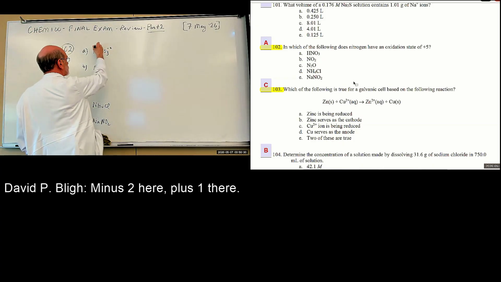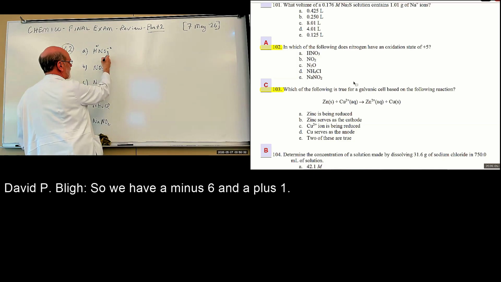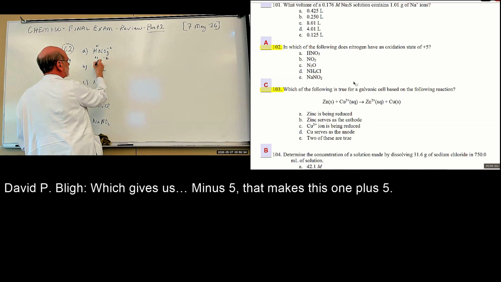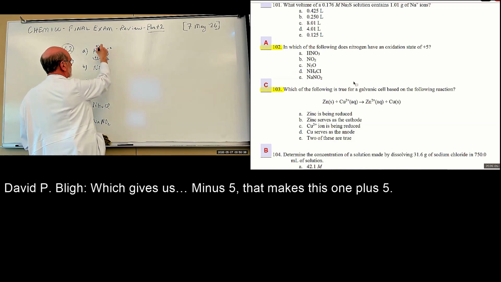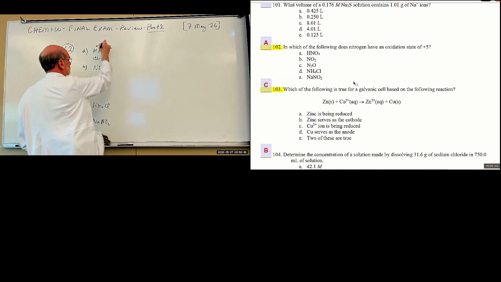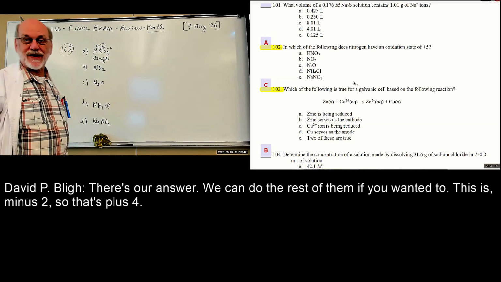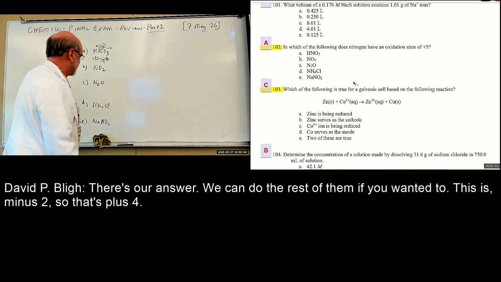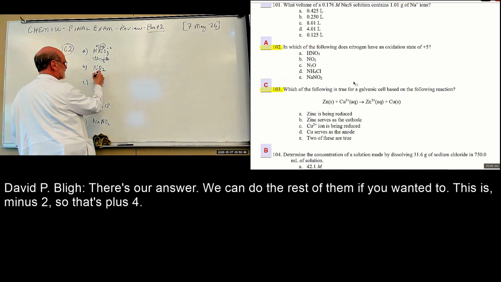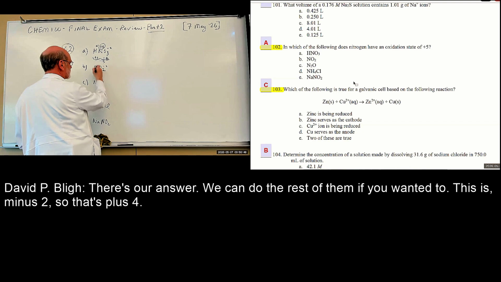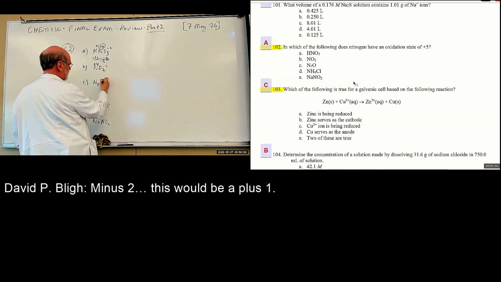Okay, oxidation states. -2 here, +1 there. So we have a -6 and a +1, which gives us -5. That makes this one +5. There's our answer. We can do the rest of them if you wanted to. This is -2, so that's +4. -2, this would be a +1.